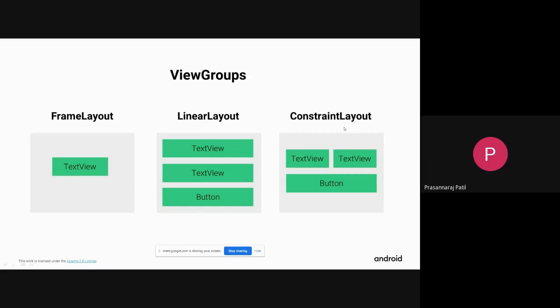Then the constraint layout. A constraint layout has constraints and we can arrange views as we want. So I can have a text view in a single row, aligned horizontally, and below that I can have a button, that is vertical. So that is like a constraint layout.